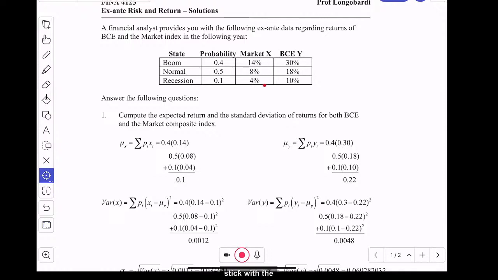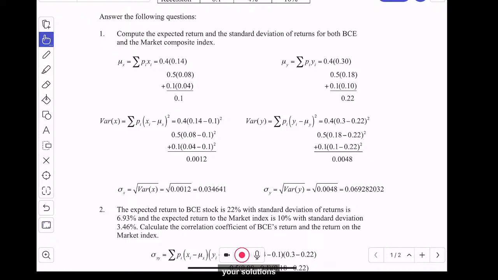If you just stick with the columns, here, if I want to calculate the variance, it's the deviation from the mean squared. So I just take this column minus the mean, all the way down, and then take this column and put it here. So you're replicating what Excel does, but manually if you were to write this on paper. Use that concept of Excel to help you organize your paper, your solutions.